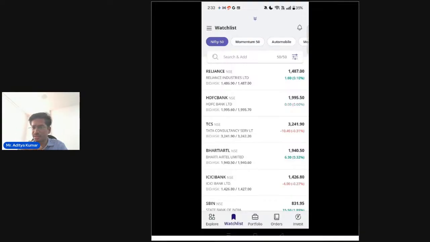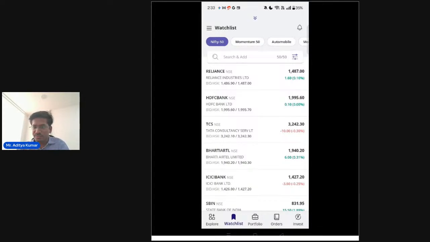So let's get started. As you can see on your screen, I was just logged in to our app. This is the watchlist screen that you will see first at the time of opening the app. First, I will introduce you to each and everything that you will be seeing on this page. When you are logging in to the SSL app, look at the bottom of your screen.